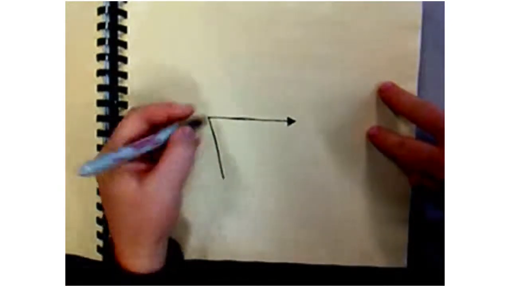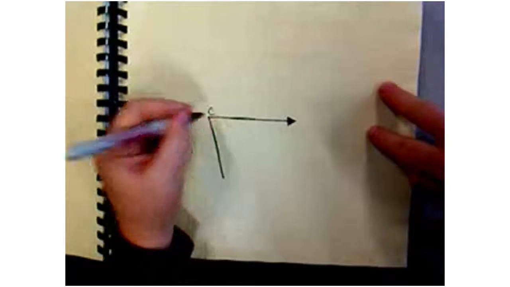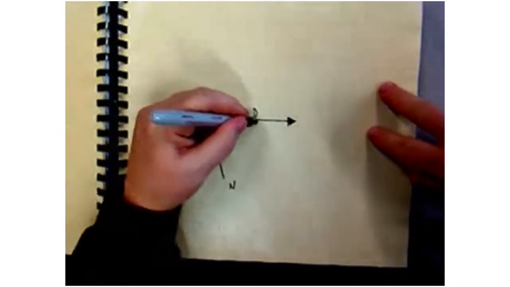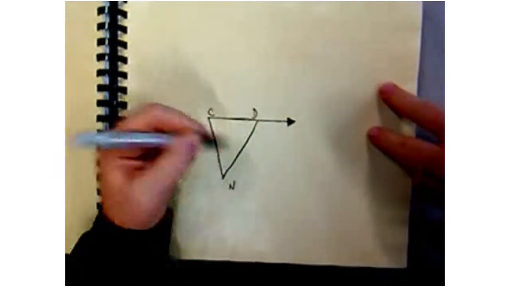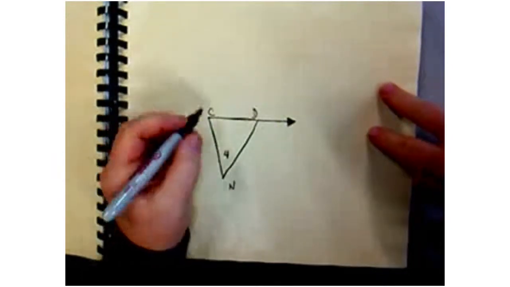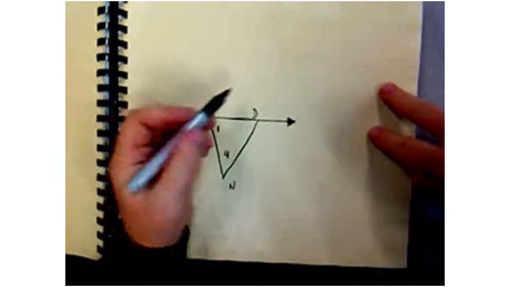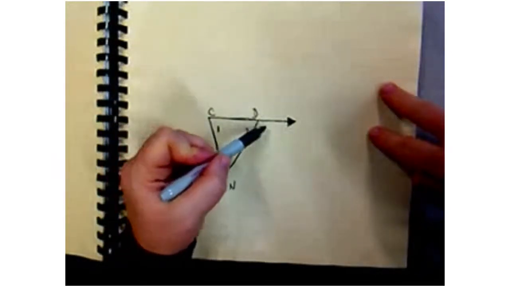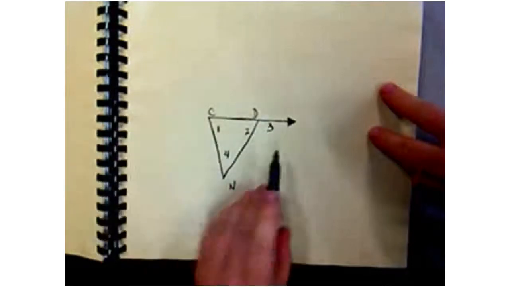The top left is labeled C, top right vertex is labeled D, and the bottom vertex is labeled N. Your interior angles at N is number 4, at vertex C is number 1, and at vertex D is number 2. And then the exterior angle to number 2 at vertex D is number 3.